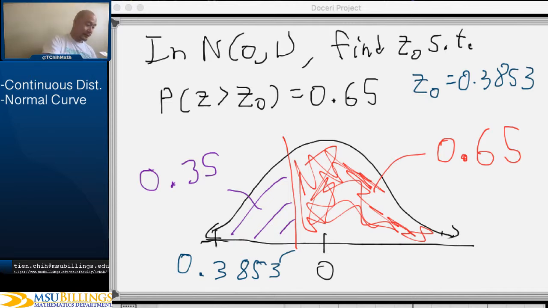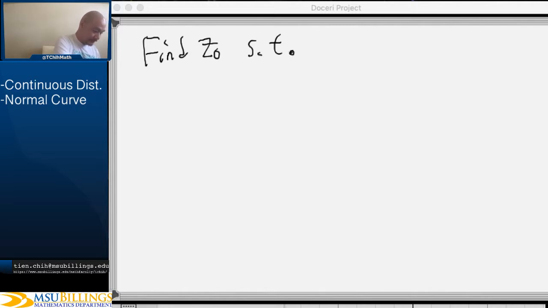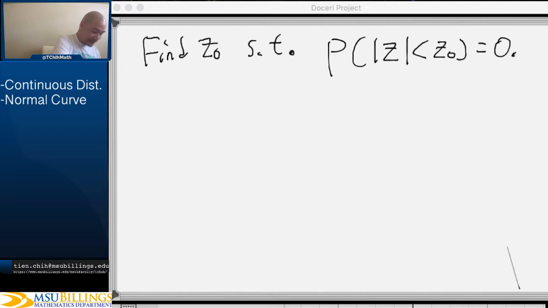Let's move on to another example. So I'm going to stick in N(0,1) for now just because it's easy. And so now instead I want to find z naught such that the probability that the absolute value of Z is less than z naught is equal to 0.7.